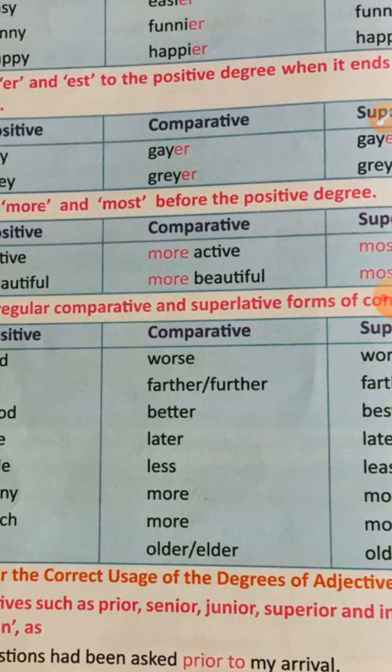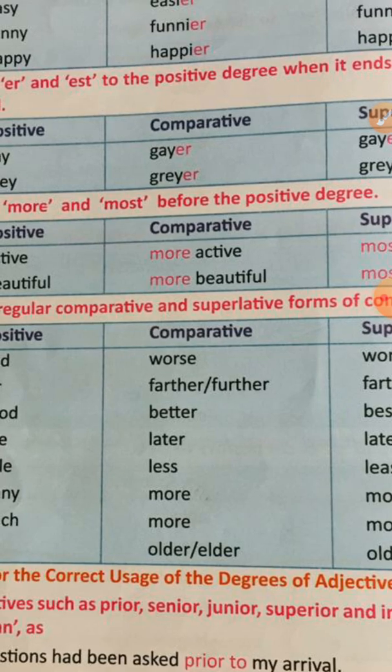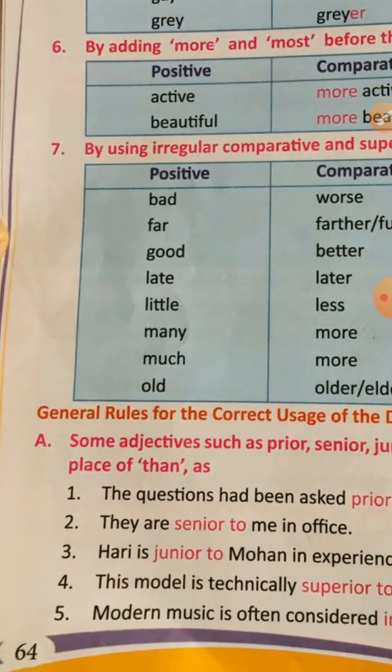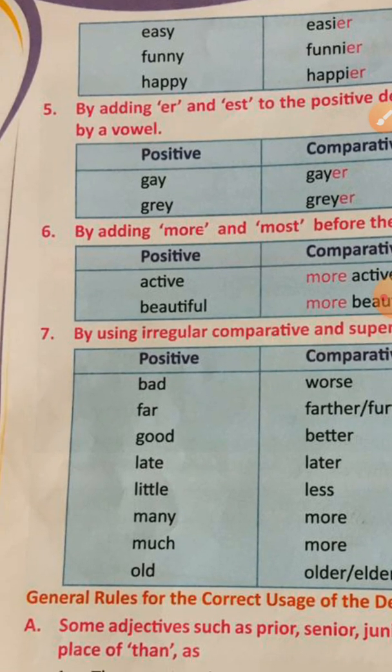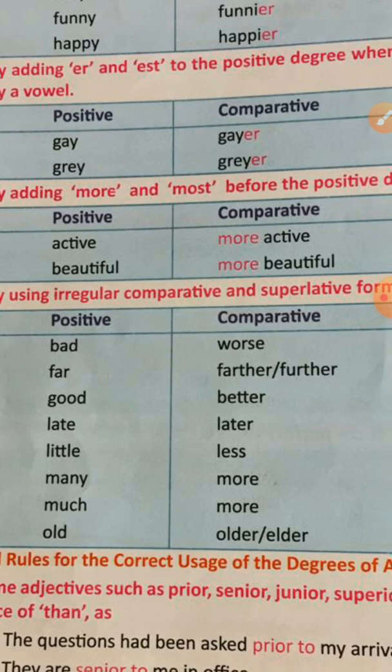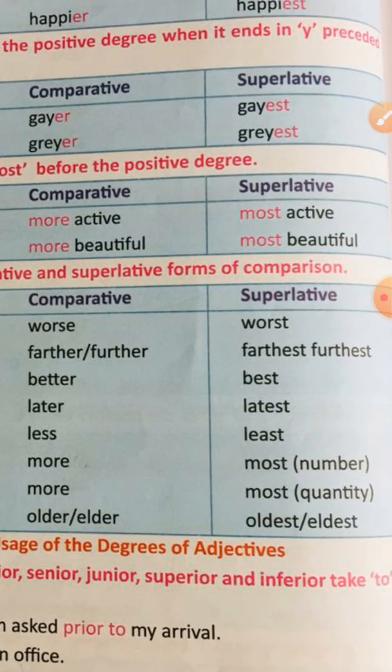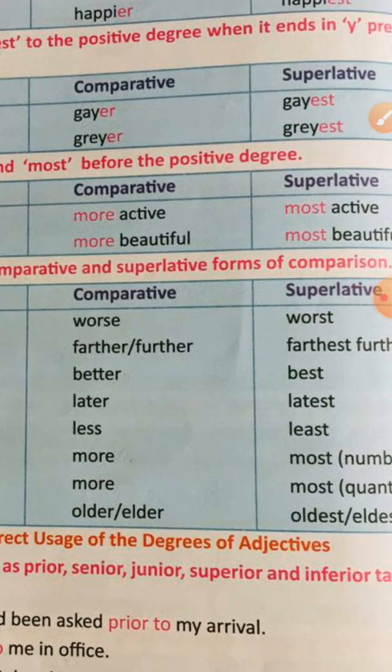Before y it is a, that is a vowel. That is how degrees are framed. Next one, by adding more and most. Some of the words can make degrees by adding more or most. For example, active, more active, most active, more beautiful, most beautiful.